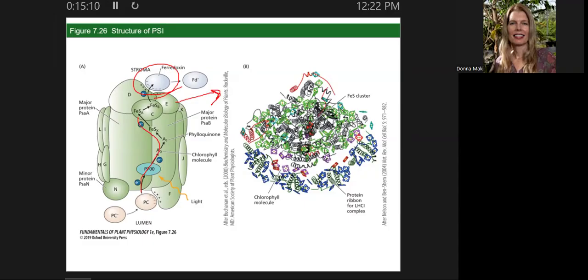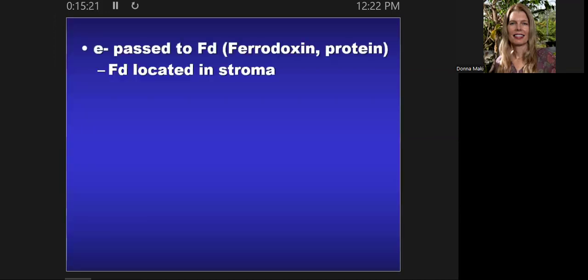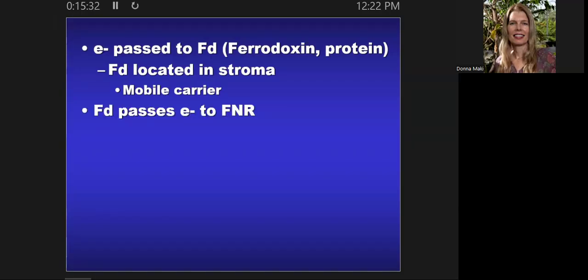It's a mobile carrier because its job is to go find the last enzyme in this whole process and give off its electron. And so here, if everything's going to go okay, you have the ferredoxin, it's going to release from photosystem 1. Now it's kind of floating around in the stroma and it needs to find FNR.